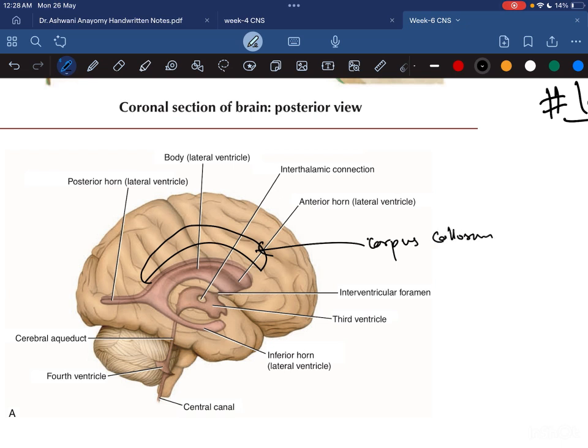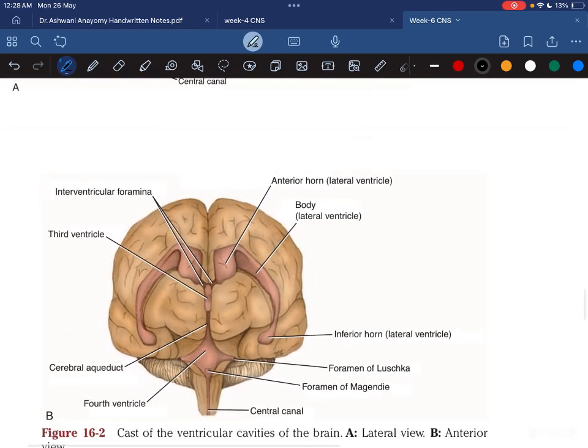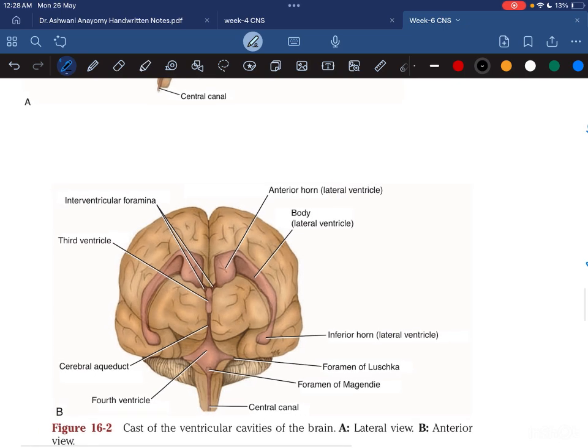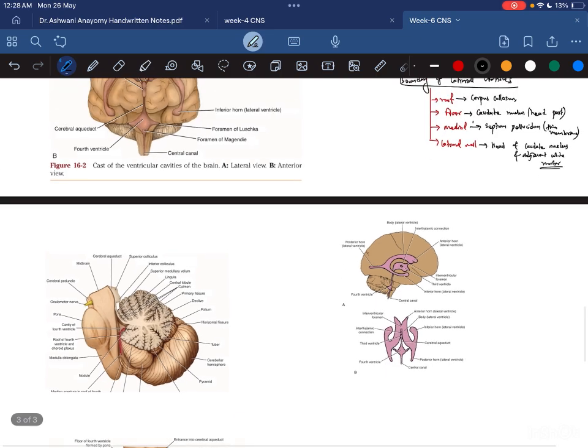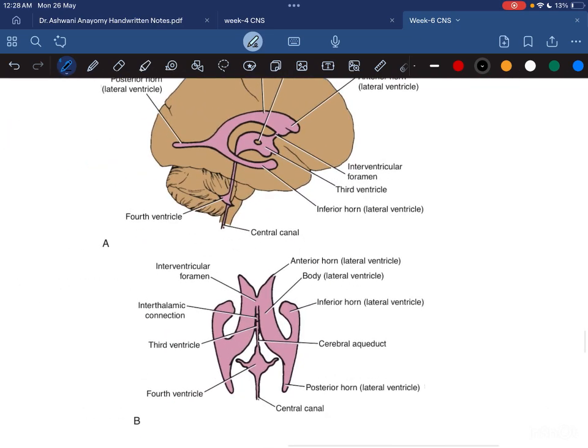When we look at the floor, in the floor there is caudate nucleus, head part. And when we look at the lateral wall, in this image we can be clear now. This is the anterior horn, this is the posterior horn, this is the cerebral aqueduct, and here is the third ventricle.